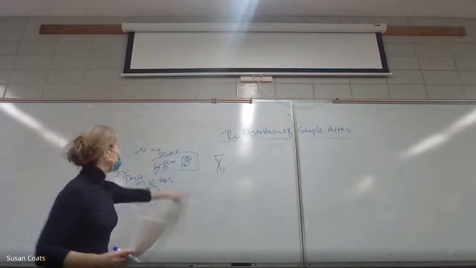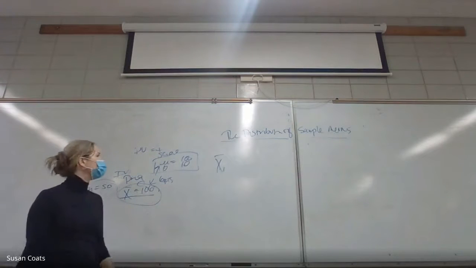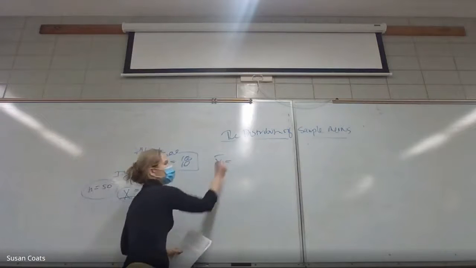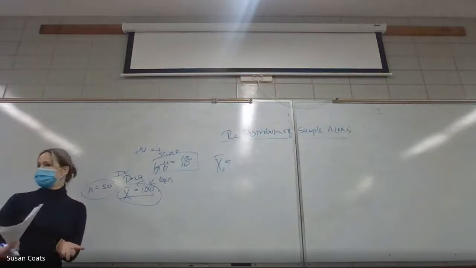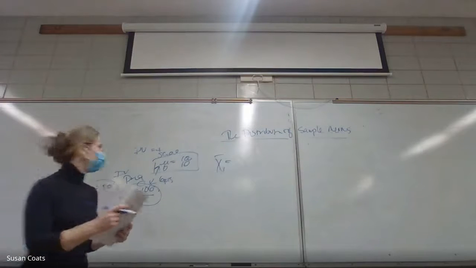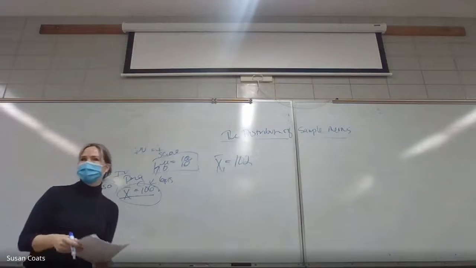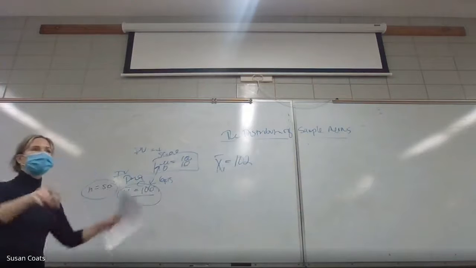So you can imagine if I was to take my first of many random samples from this population, and I take 50 individuals, so that's my sample size, and I compute the mean. Let's say the first time I compute the mean from the first sample, it's 102. That's reasonable, right? And then I put those 50 people back in the population.